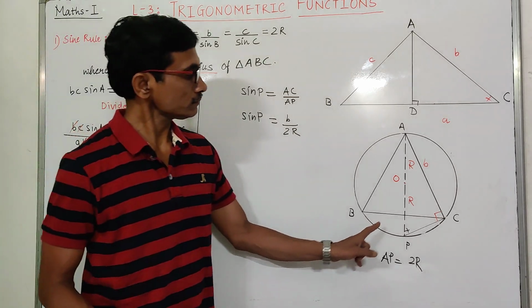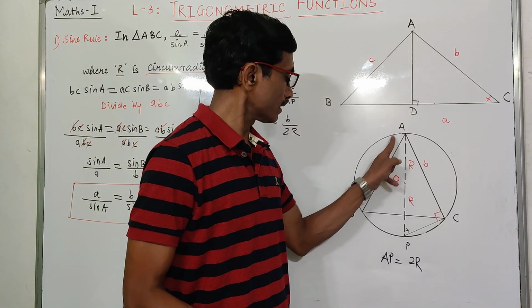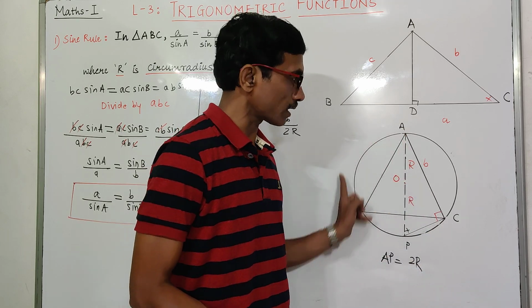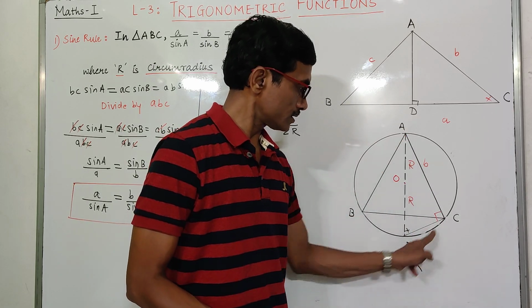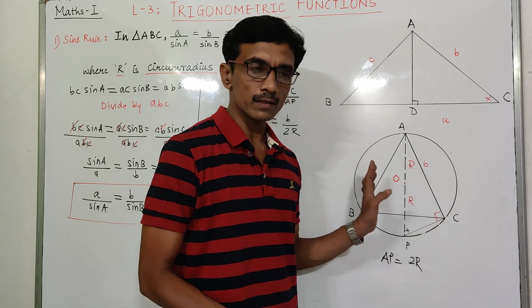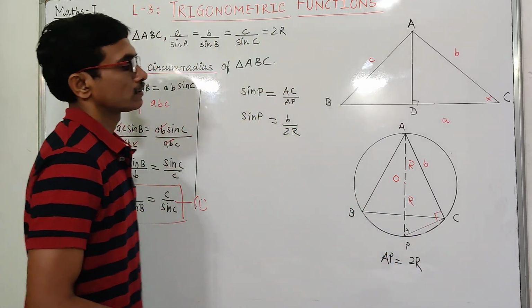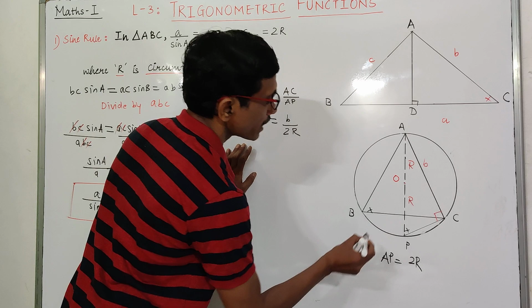But angle APC and angle ABC are inscribed in the same arc. Therefore their measures will be what? Same.